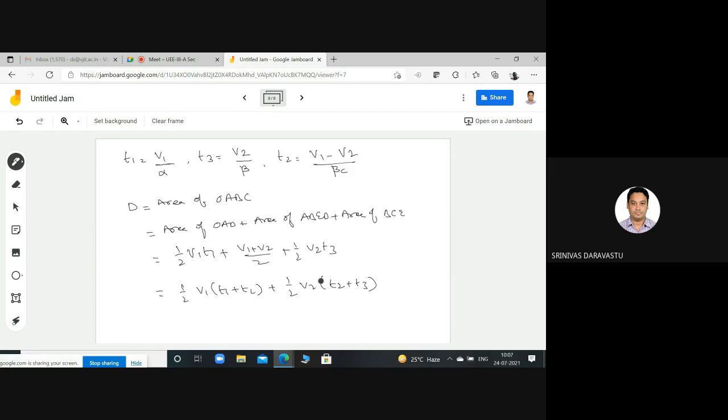We can write half into V1 into T1 plus T2, plus half into V2 into T2 plus T3. Now half into V1 into T1 plus T2 equals, we can write, T minus T3, plus half into V2 into T2 plus T3. Actually, T1 plus T2 plus T3 equals capital T, so from that I wrote this equation.